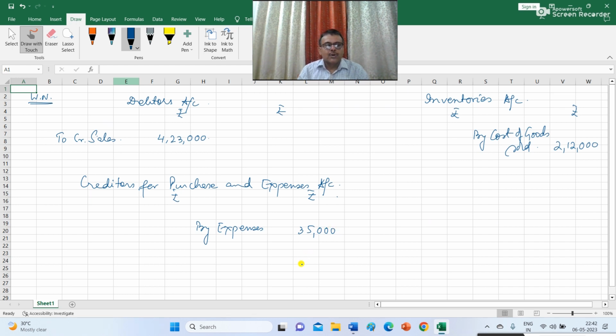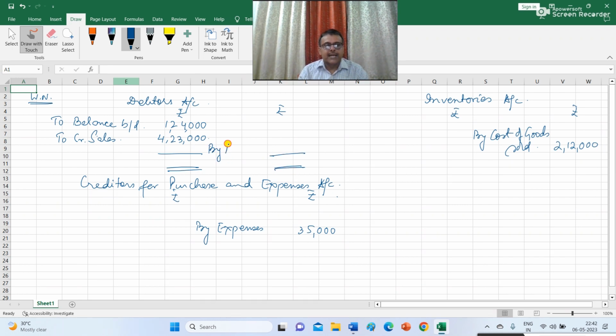Now I am going to write the opening and the closing balances of debtor. The opening balance is given as 1,24,000, so I am writing it in the debtor ledger account. The closing balance of debtor is given as 89,000.